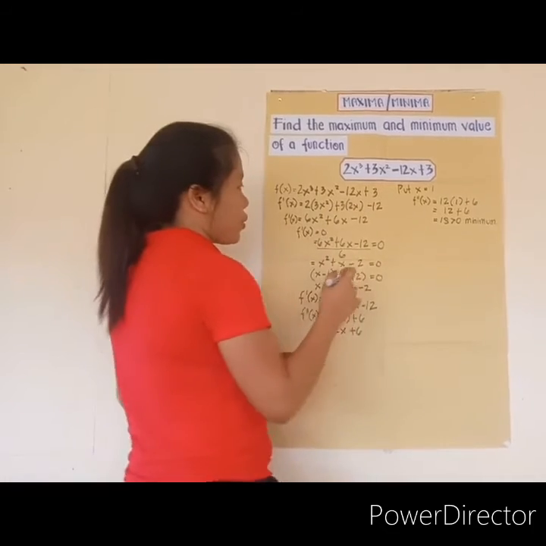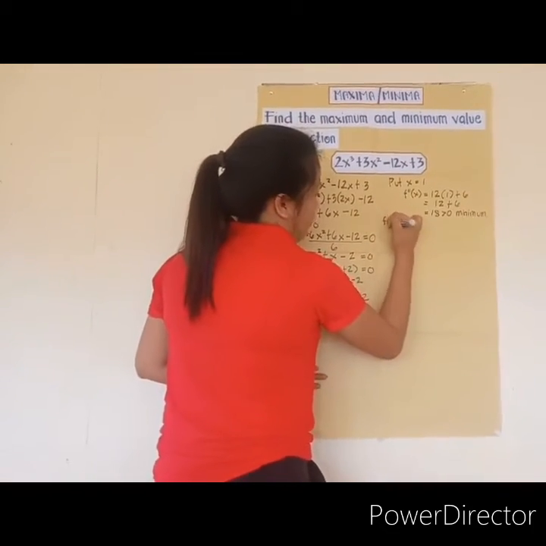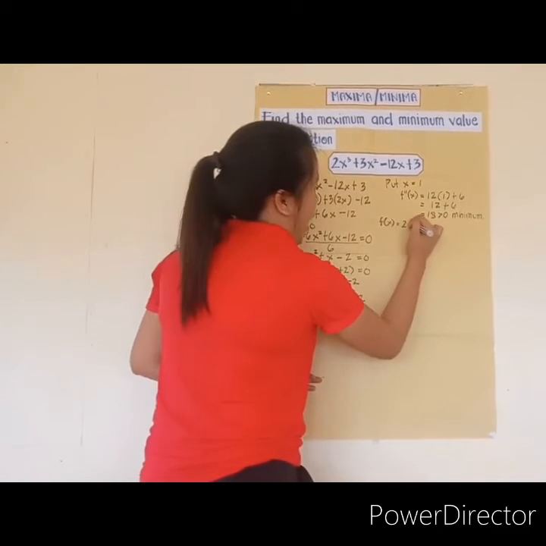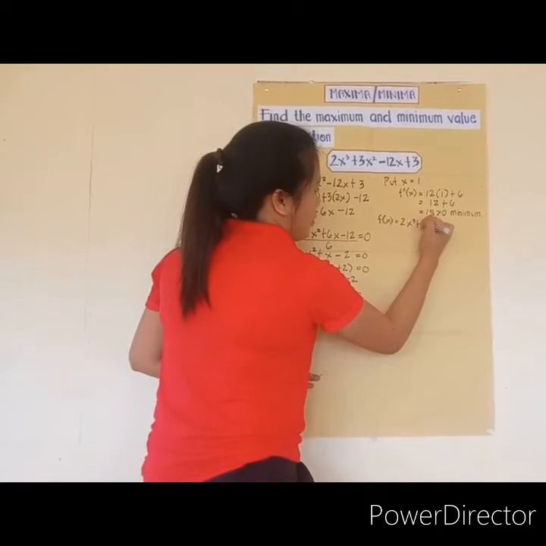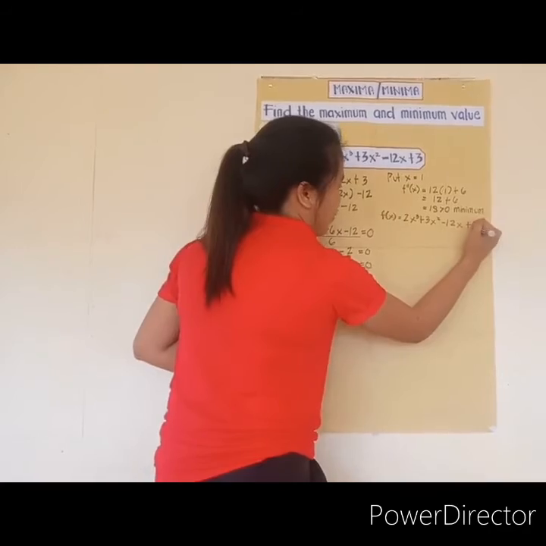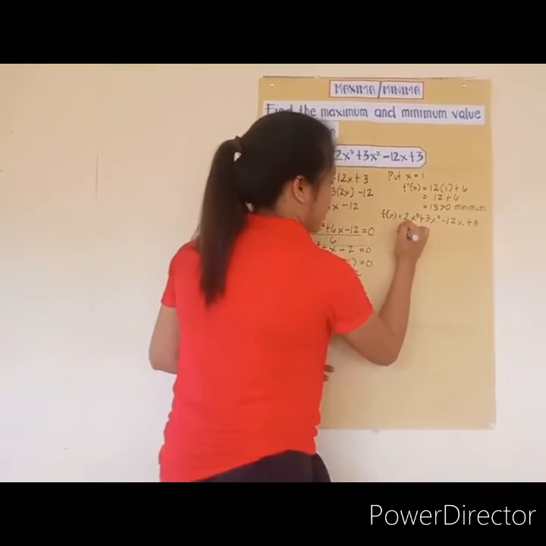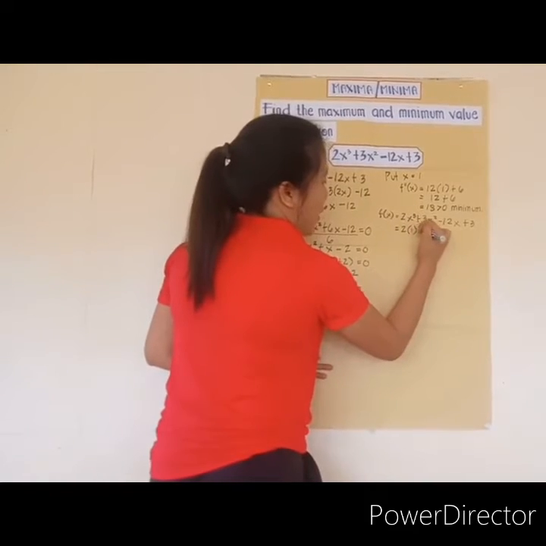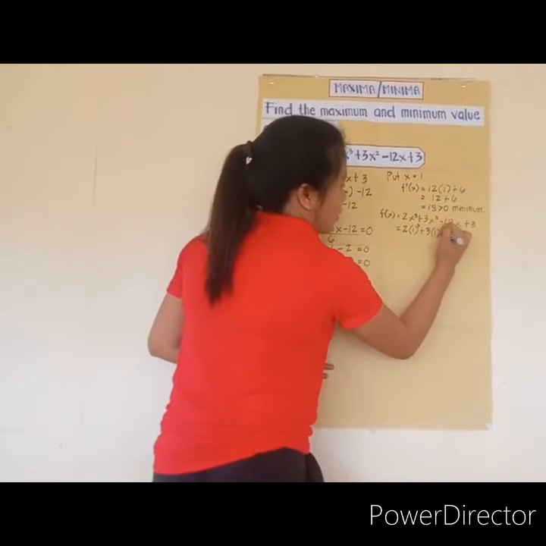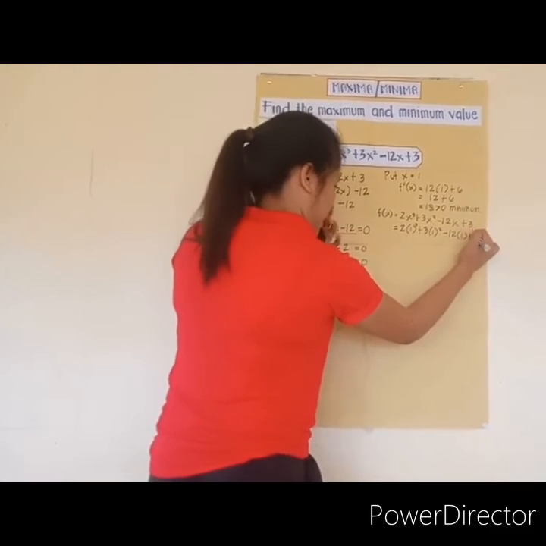which is 2x cubed plus 3x squared minus 12x plus 3. So f of x is equal to 2x cubed plus 3x squared minus 12x plus 3. Let's substitute 1 for our x. So 2 times 1 cubed plus 3 times 1 squared minus 12 times 1 plus 3.